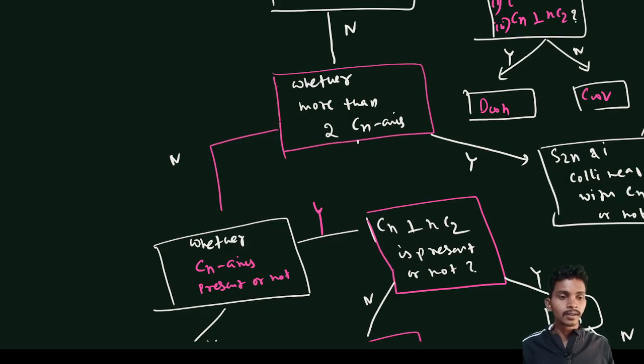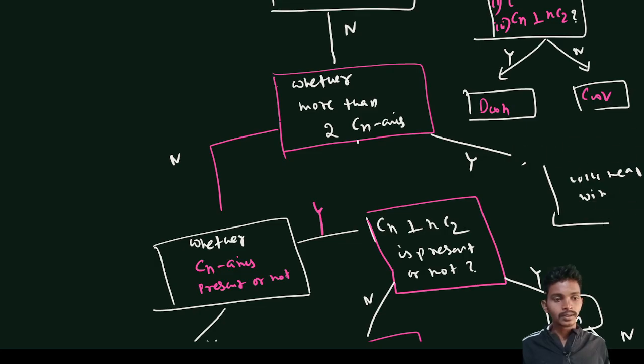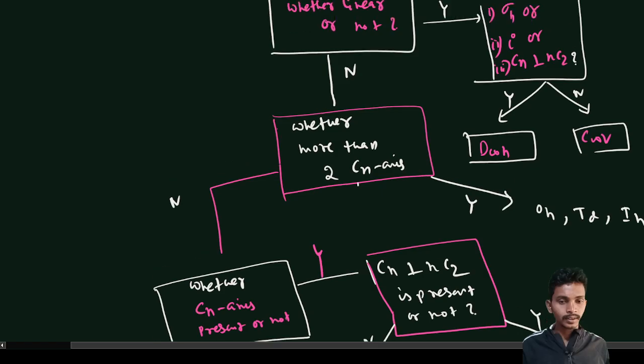If yes, then that is, sorry, I have left one thing. This is not here. More than two CNs, then if yes, then that will lie in the point groups OH, TD and IH. Okay, this will lie here.